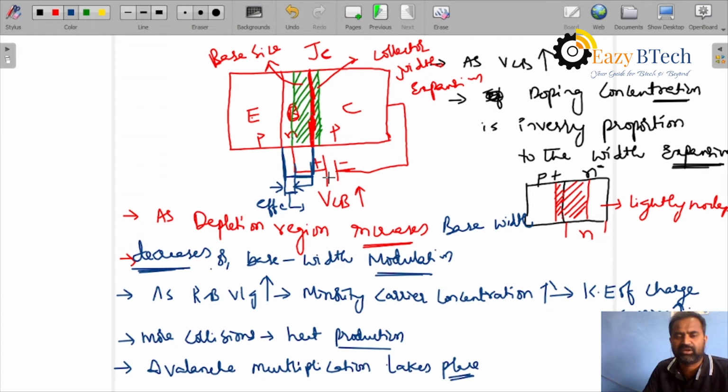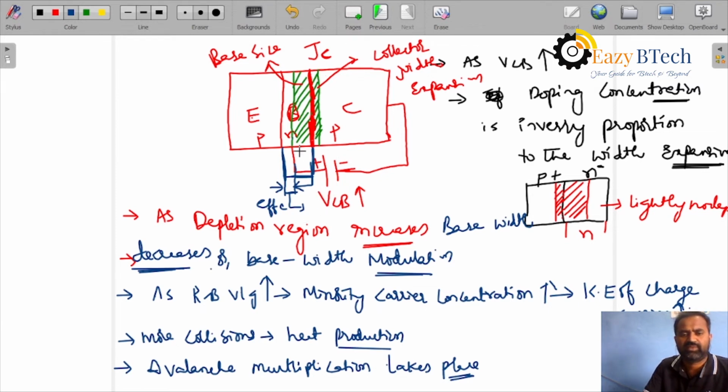Then they can hit covalent bonds and break more and more of them, and more and more free electron-hole pairs are created. Due to these collisions, a larger amount of heat is produced and damage to the circuit may take place. This is known as the avalanche effect.